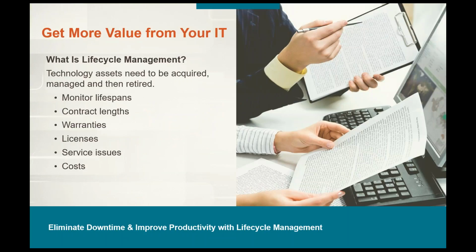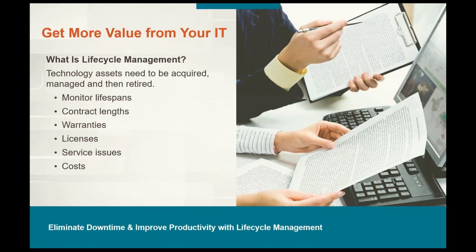Today's businesses have a lot of different kinds of equipment and software under one roof. Servers, desktops, laptops, tablets, mobile phones, operating systems, customer relationship management systems, all kinds of business applications. And these hardware and software assets need to be acquired, they need to be managed, they eventually need to be retired.